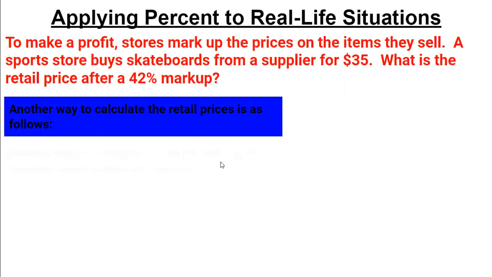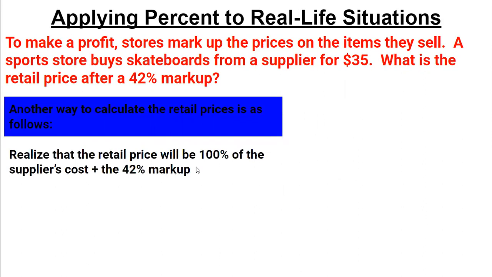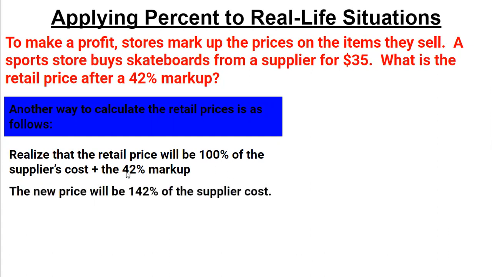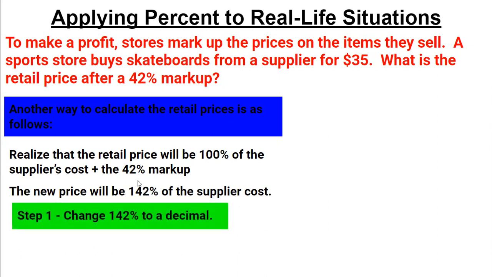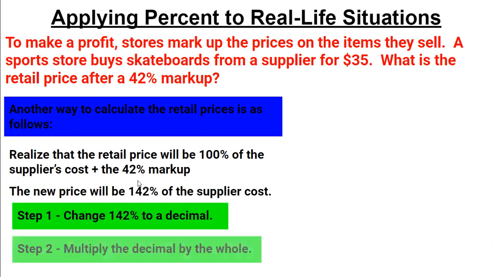Another way to calculate the retail price is to realize that the retail price, the selling price, is going to be 100% of the supplier's cost, $35, plus the 42% markup. So you just add 100 plus 42 and you get 142%. That's how much she's going to charge, or he, the store owner. So then you can change 142% to a decimal. That would be 1.42, right?